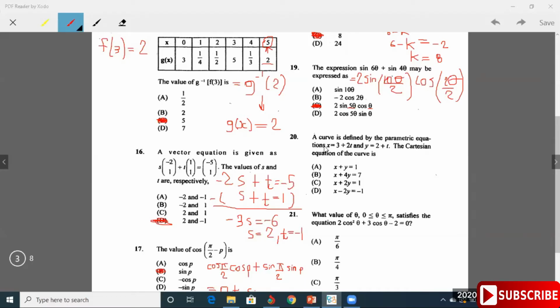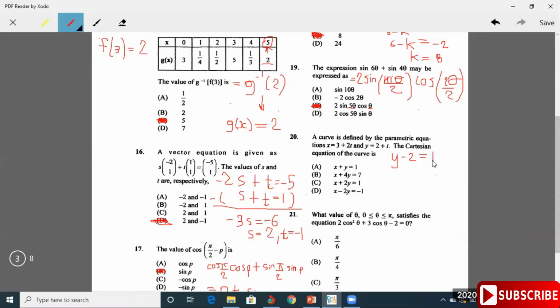So back to question 20. x is equal to 3 plus 2t and y is equal to 2 plus t, and we want the Cartesian equation of the curve. So we need to make t the subject. We can make t the subject from any one of these. I feel like making t the subject from the second one, so y minus 2 is equal to t.